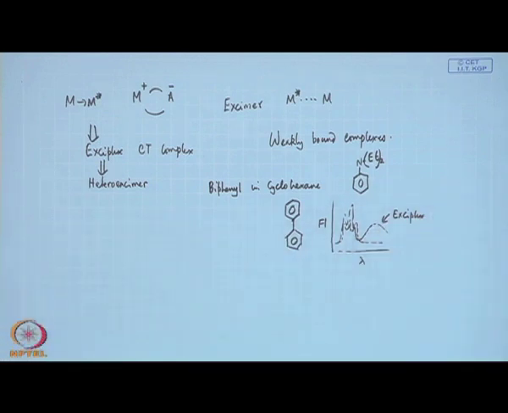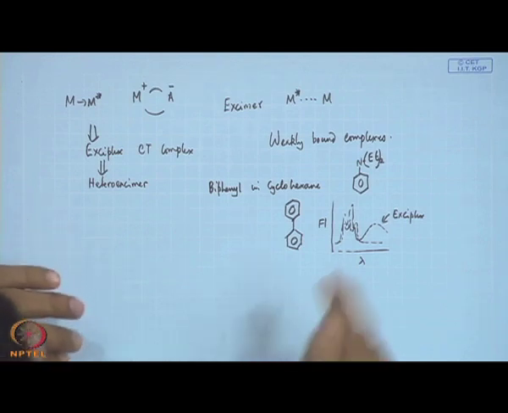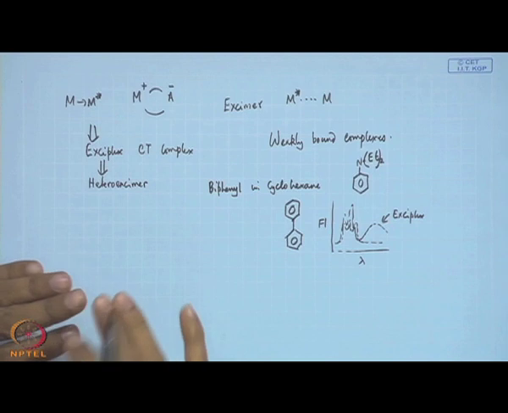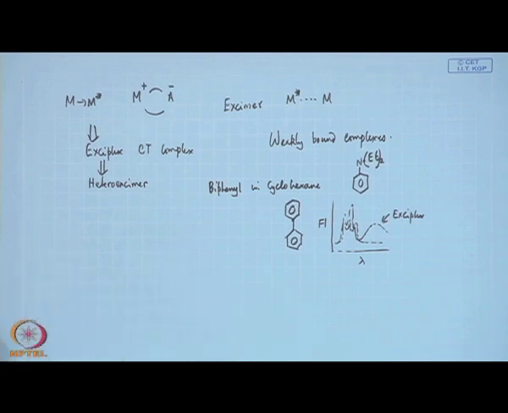So, these are the characteristics: it is a broad, red shifted emission band, structureless, and sometimes it is found to be very much sensitive to solvent. Why sometimes? Because especially for exciplexes, it is very much sensitive to solvent.